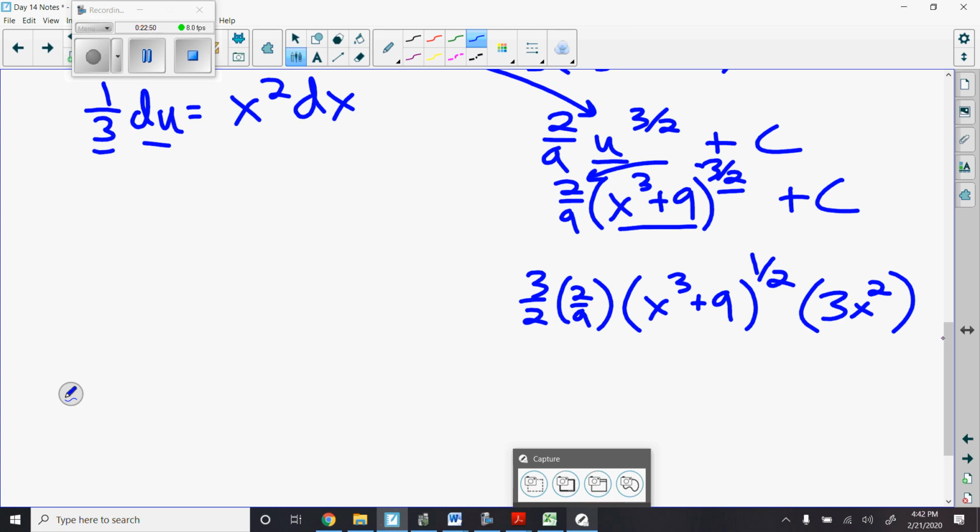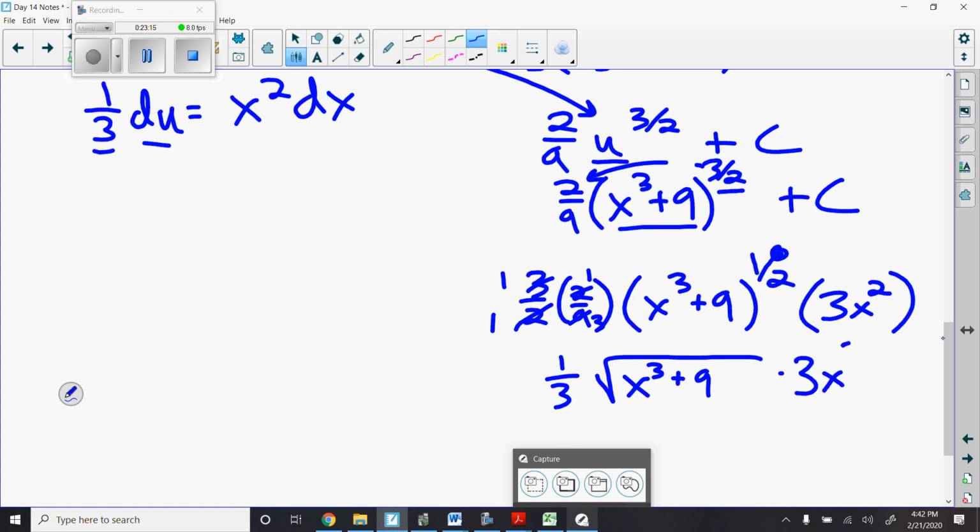Now that doesn't look anything like what we started with. But as we start solving this out, we can see the 2's are going to cancel here. This 3 is going to become a 1. The 9 is going to become a 3, and I'm going to get 1/3. Okay. Square root of x cubed plus 9. Right? I just changed this 1/2 power up here back into a square root.